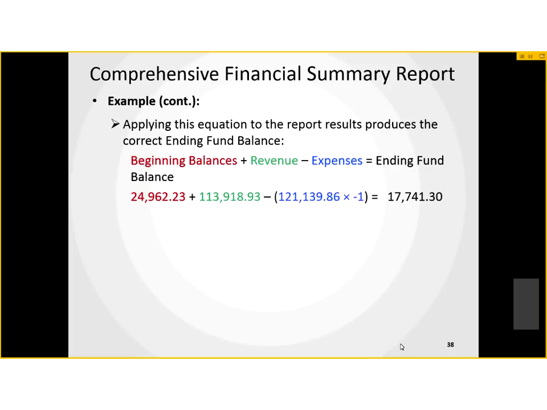I did the math. The revenue was $113,918.93, and then the expenses, I had to multiply by -1. If I added it all together without that, all of a sudden I'd have a lot more money than I really had. So my ending fund balance is $17,741.30, and you can see that this balance matches the balance on the screen.